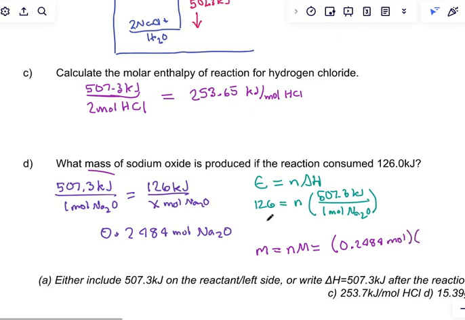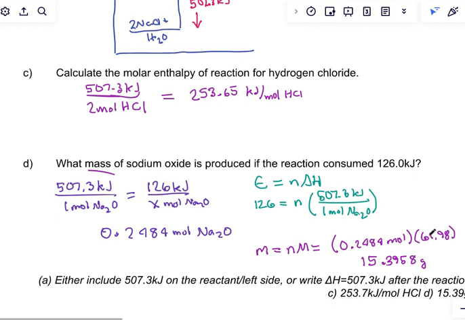Molar mass would be 22.99 for sodium times 2 plus 16 for a single oxygen, 61.98. And if you multiply that out, you get 15.3958 grams.